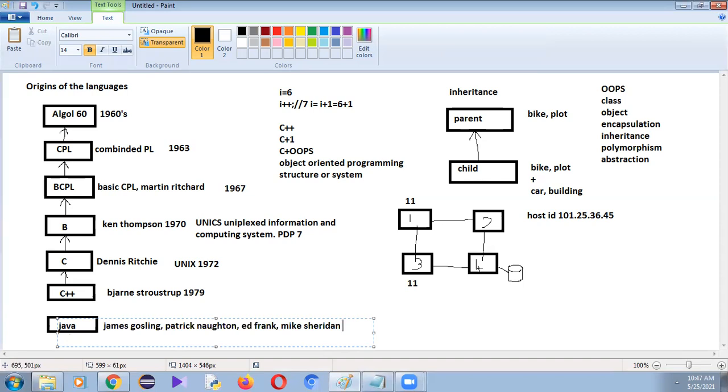It was invented in the year 1991. So this is about the origins of the languages.